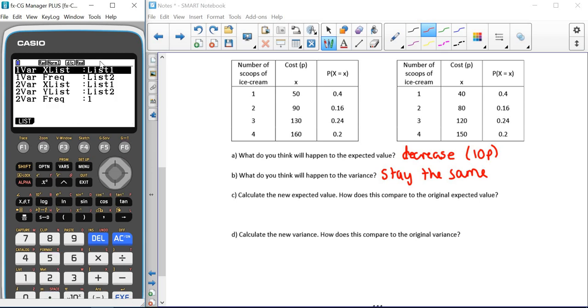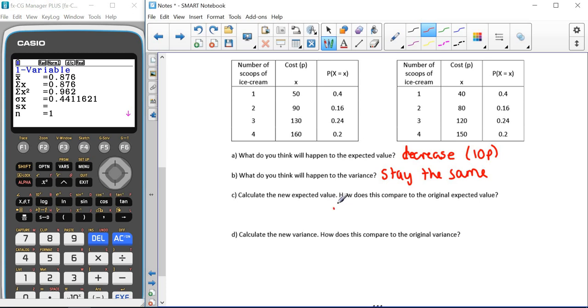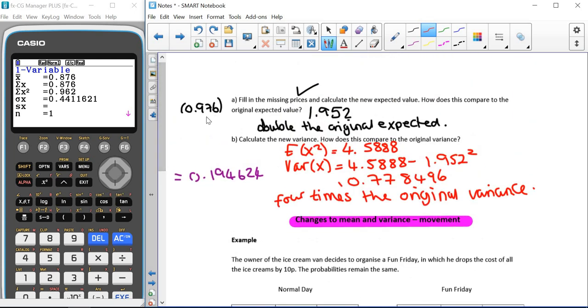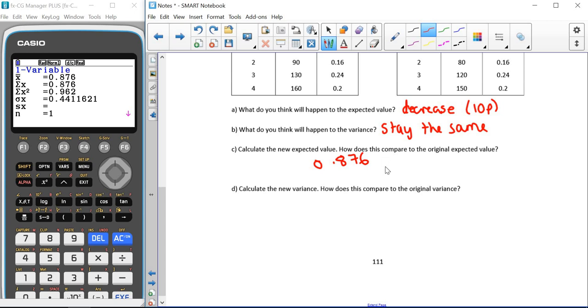Calc, make sure you're set again, list 1, list 2, because we've got some frequencies as our probabilities, and that gives us 0.876. And remember, I copied over the mean before, which was 0.976, so I was correct that it does decrease by 10p.